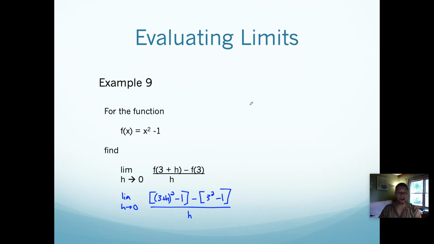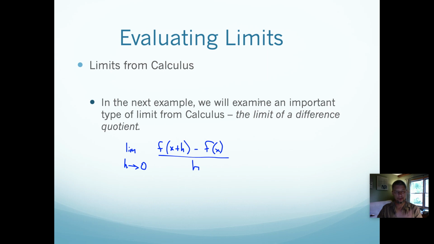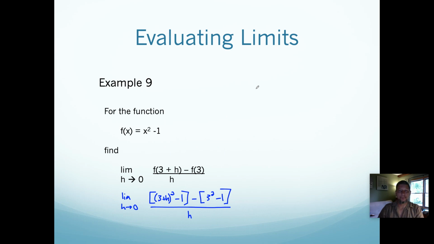Now I'm going to come up here and just do the math out here. The first thing I have to do is square 3 plus h. Using the FOIL method, that's going to give me 9, because 3 times 3 is 9, plus 3h plus 3h, the outer and the inner is 6h, and the last, which is h squared, minus 1.